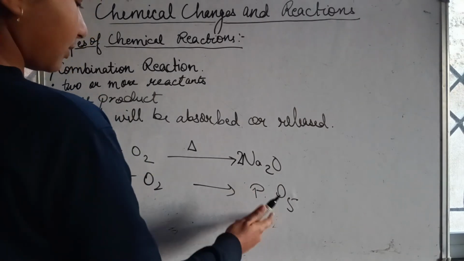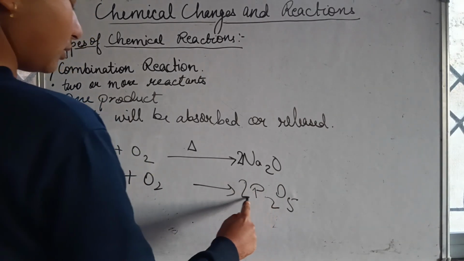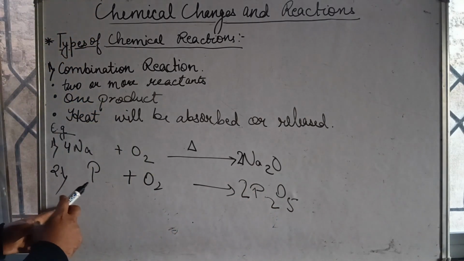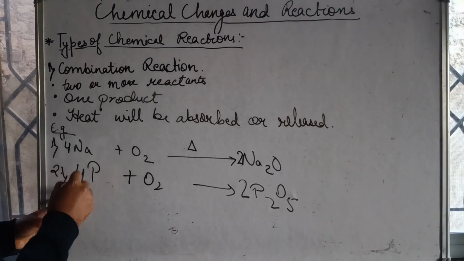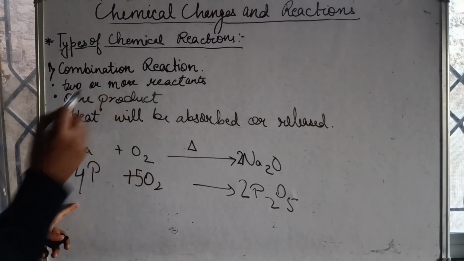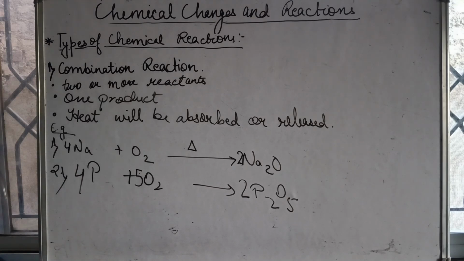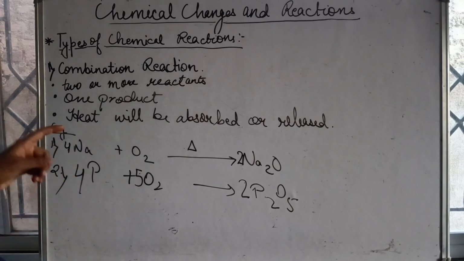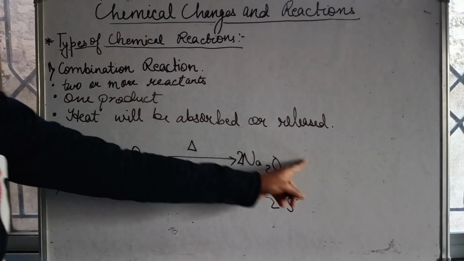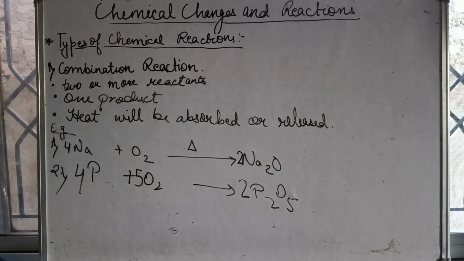P2O5. Then here it will be 5. So these are the two examples in which heat will be absorbed, but it will give only one product.